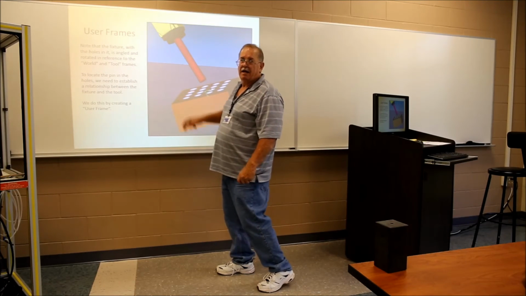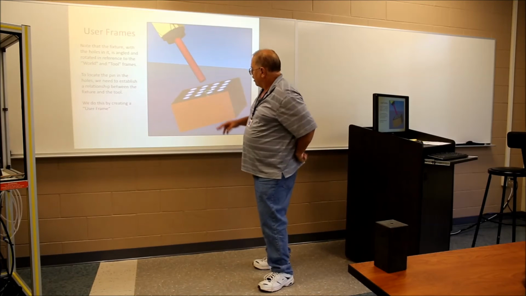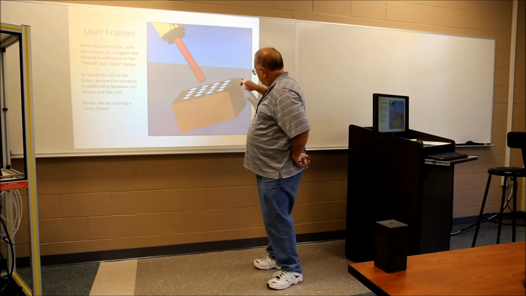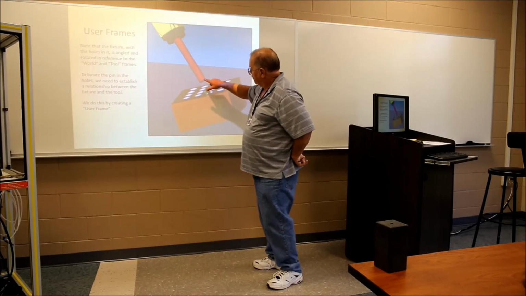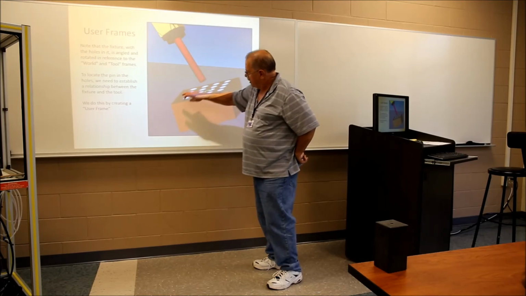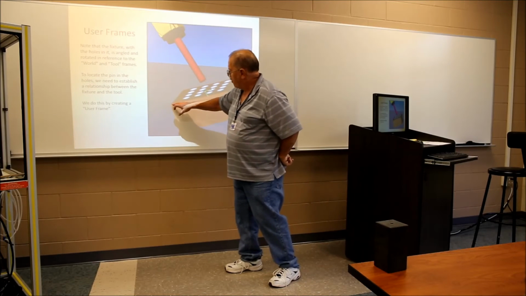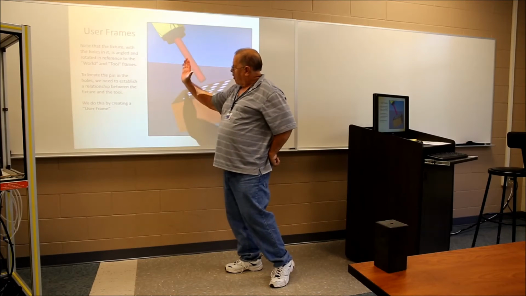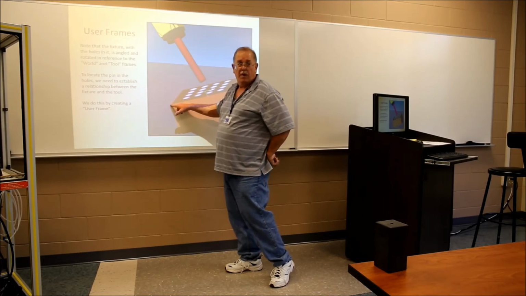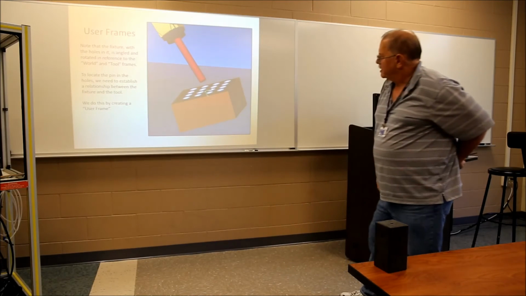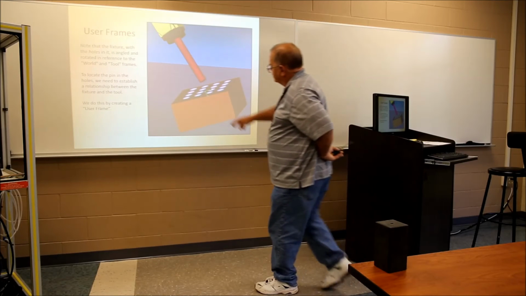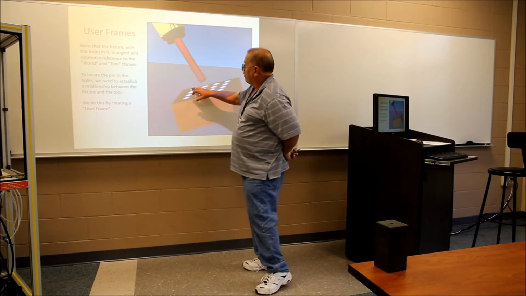Once I set that, the robot will do the calculations. It will know the orientation of that plane. So if I tell it to move the tip of this tool to that point right there, it will automatically orient and it will go exactly to point 0, 0. Now you can imagine if we didn't do this, and I told the robot, let's assume these holes are 20 millimeters apart.